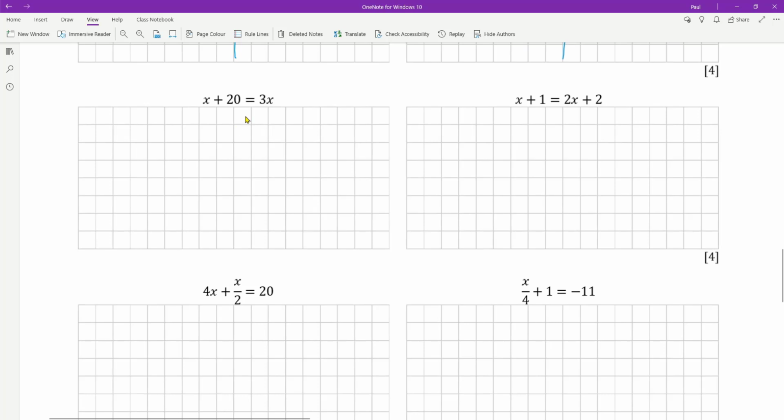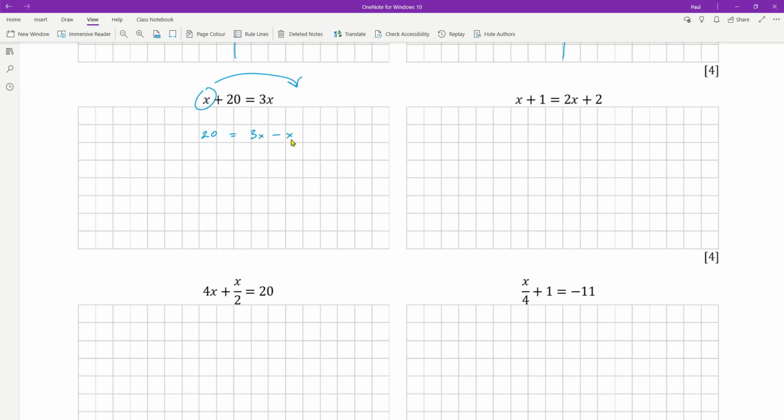Alright, so this one we actually have x's on both sides of the equation, so I need to shift all the numbers to one side and all the x's to the other. It doesn't matter if you shift them to the left or right, as long as you've got some sort of arrangement where the x's are on one side and the numbers are on the other side. For convenience I'm just going to shift this x to the other side. So then I'm left with 20 is equal to 3x minus x, because that was a positive one there.